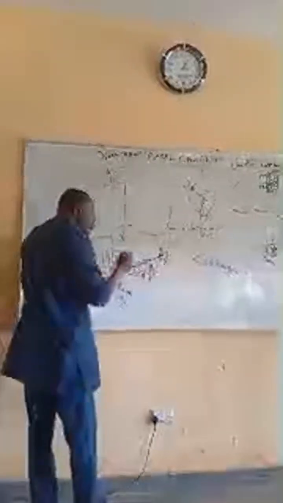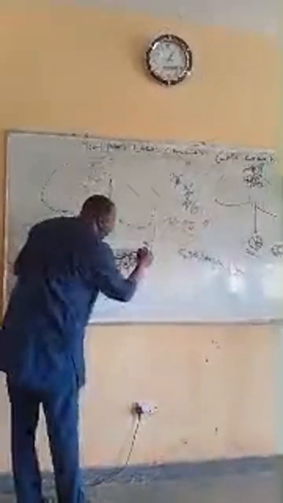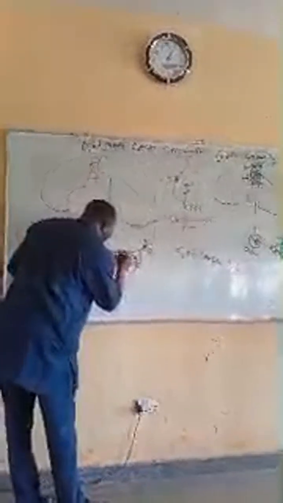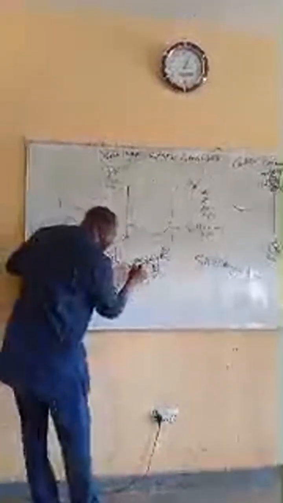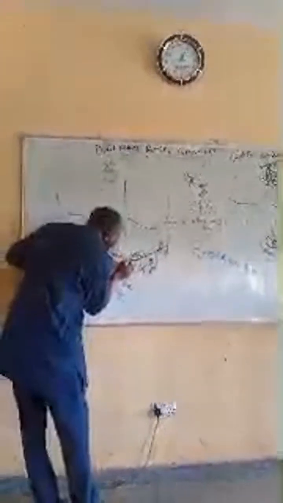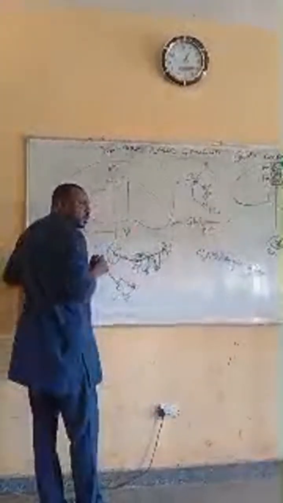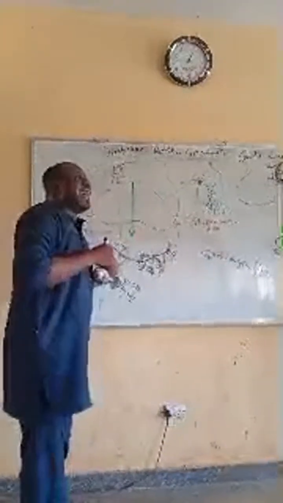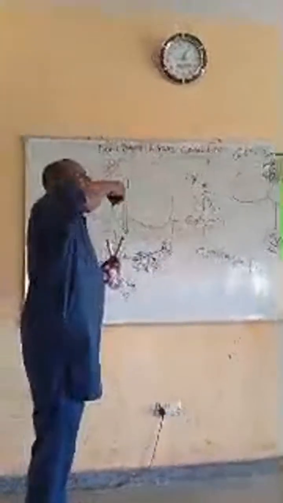When this GABAergic neuron is stimulated, what will happen? It will result in the release of GABA. GABA will be released by this neuron here. Are you there? When GABA is released, GABA will stimulate this other neuron. You know what GABA does? GABA is an inhibitory what?